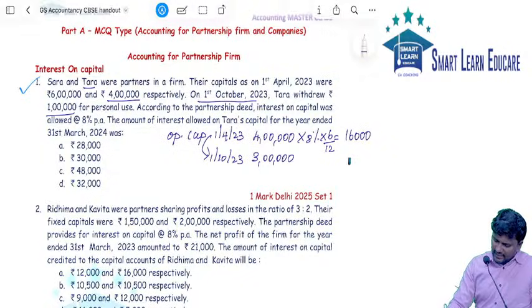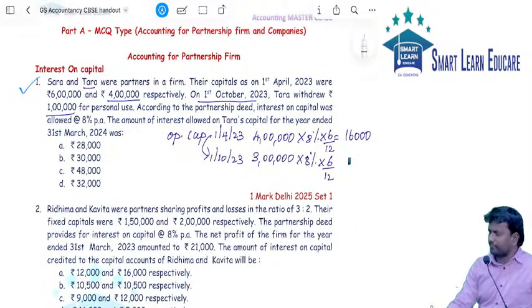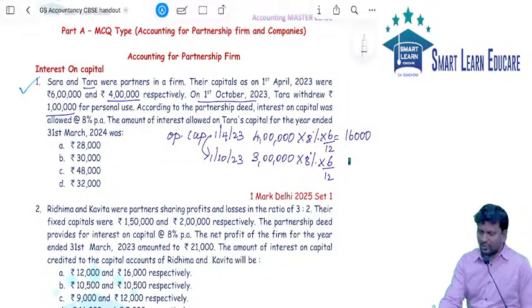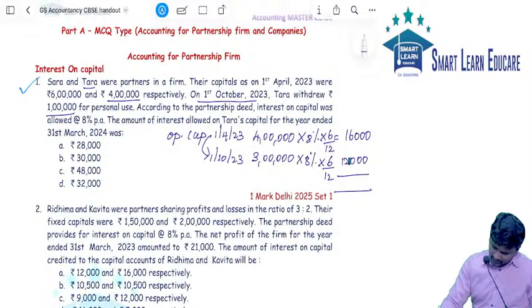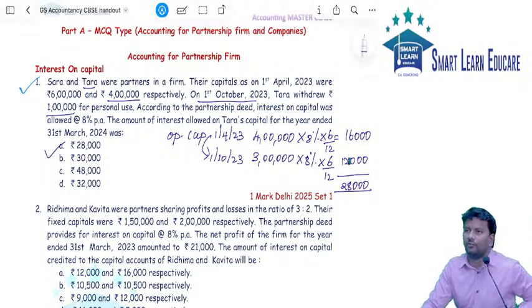Same way, 3 lakhs into 8% into 6 by 12. 3 lakhs into 8% will give you 24,000. 24,000 into 6 by 12 will give you 12,000. Appa totala what is the interest on capital? It is 16 plus 12 will give you 28,000. 28,000 is the amount of interest on capital.